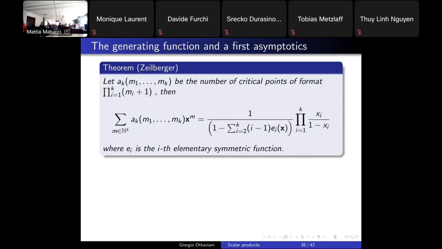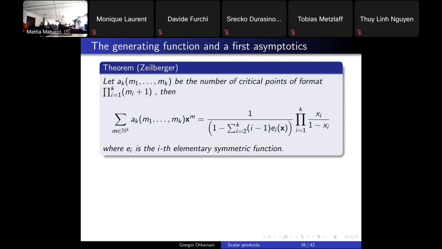This is the interpretation of Zeilberger. They put this generating function, and you get this number of critical points obtained, and he proves it.